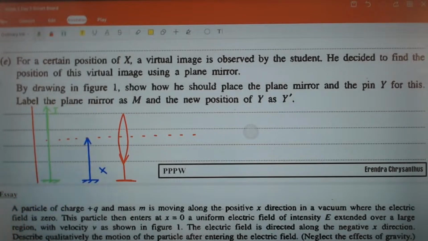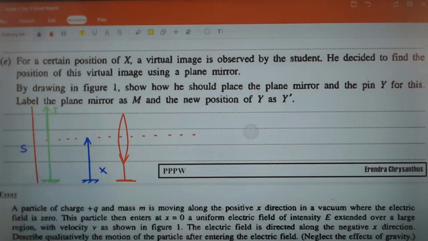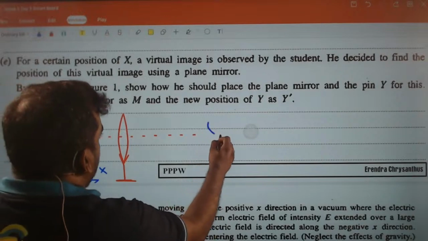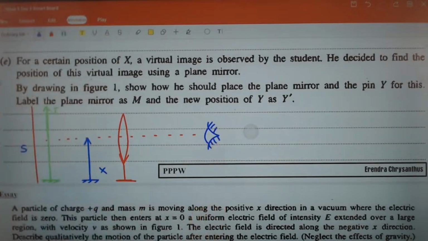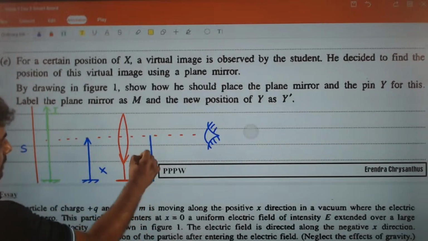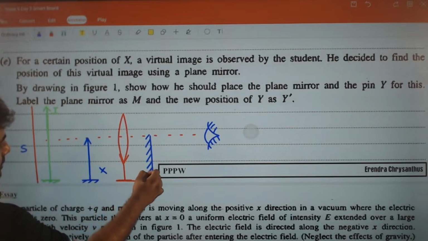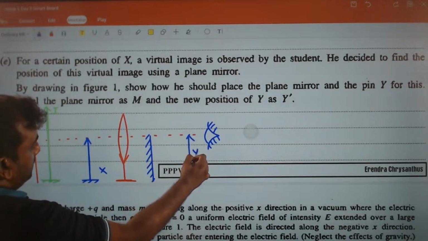Screen S. Now when you place your eye here, we have a problem now. Image is seen on top. So what you do, you can place a plane mirror here and another object pin there, Y dash.